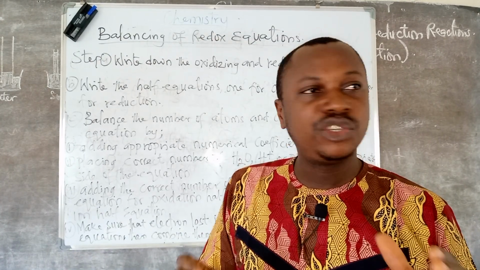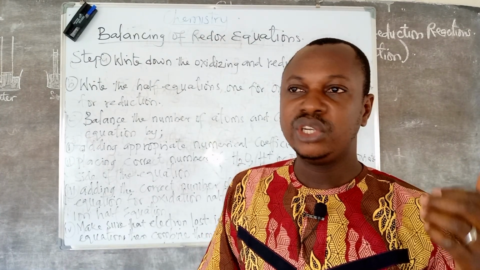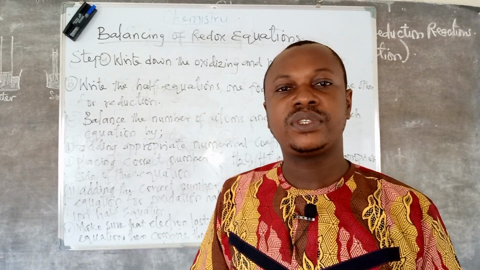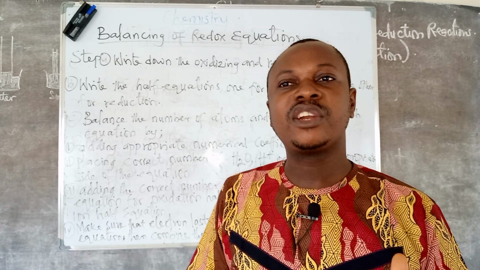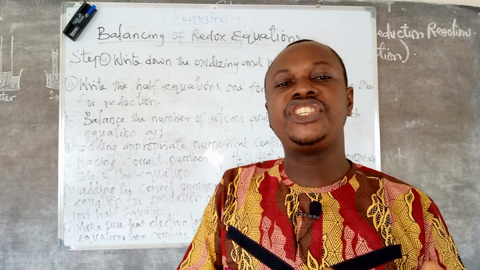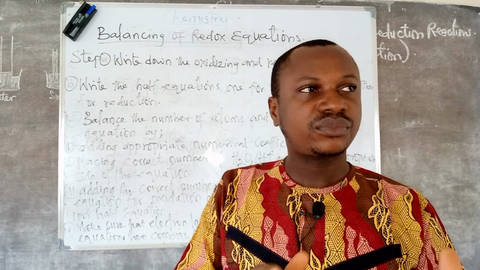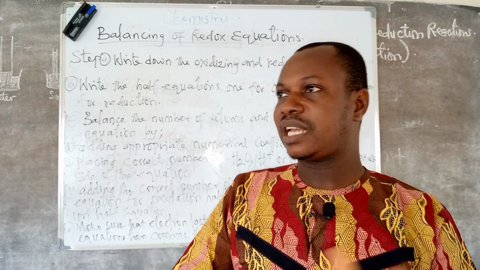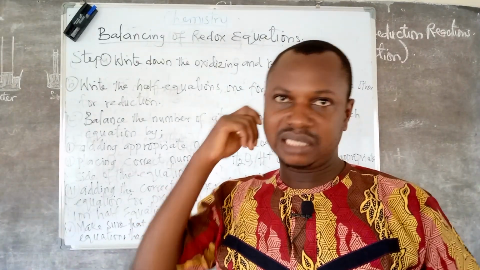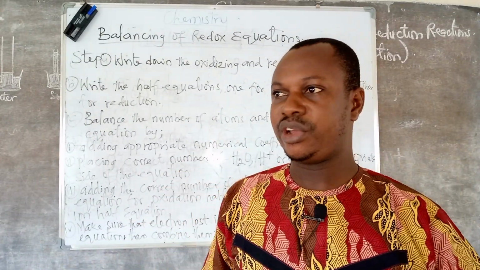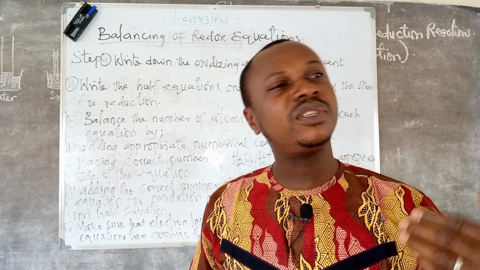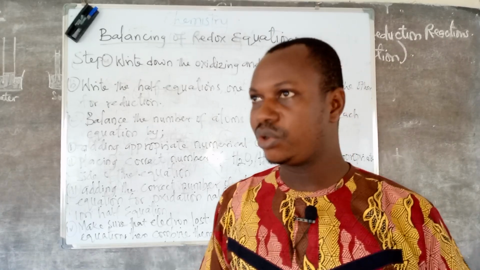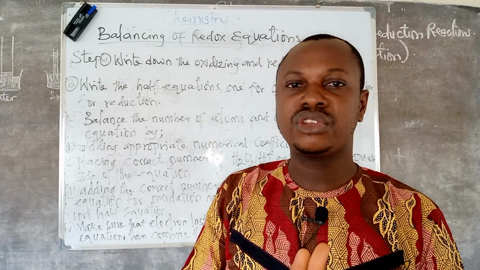But first of all, mind you that I told you in the last video that not every equation is redox. I showed you how to identify a redox equation. If there are no changes in the species reacting and that of the product, you know that there is no redox reaction. But if there are changes, for example, if this one changes from 0 to +2, if this one changes from -1 to 0, you know there are changes and it should be a redox reaction.